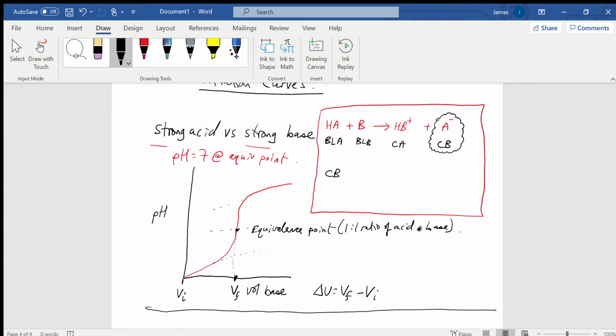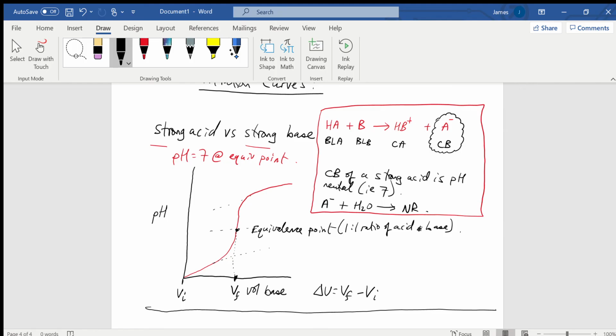The conjugate base of a strong acid is pH neutral, which means 7. That conjugate base won't react with water. You'll have no reaction. And that's a definition I would remember.